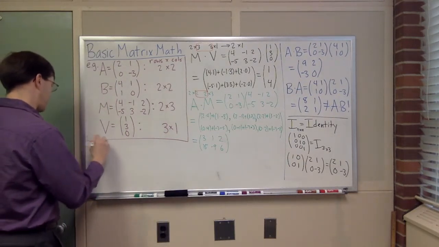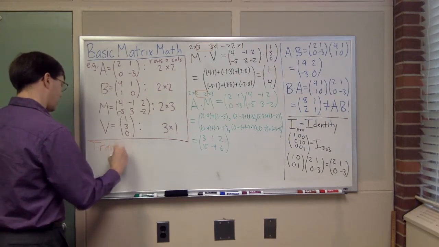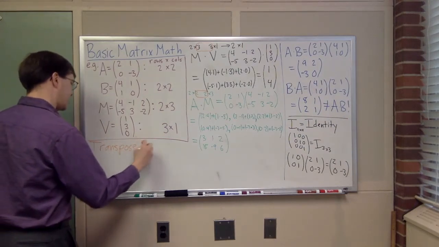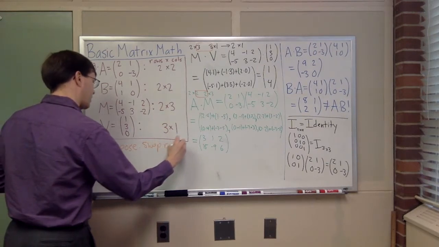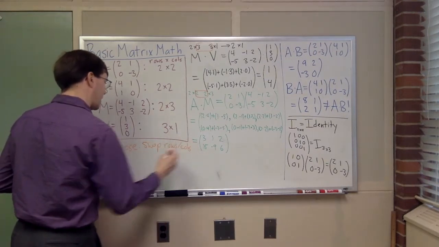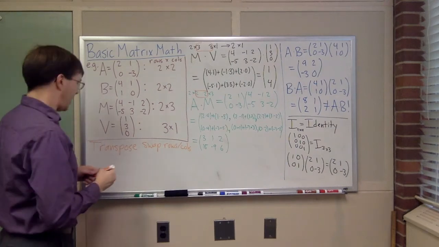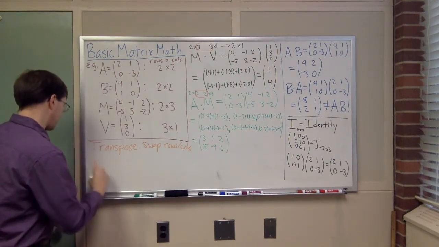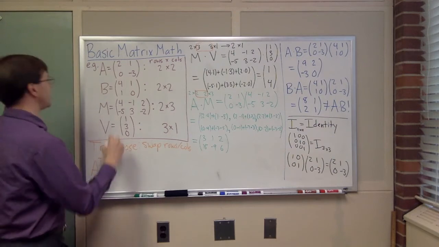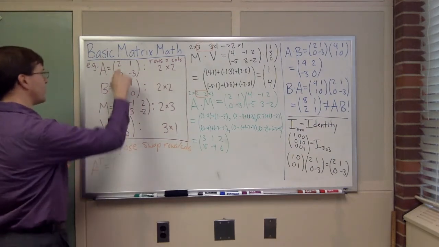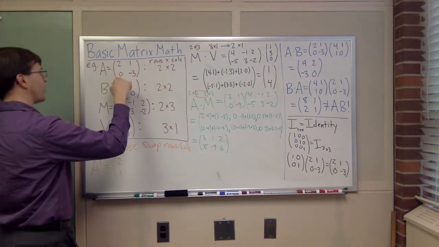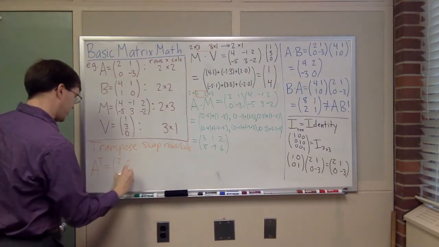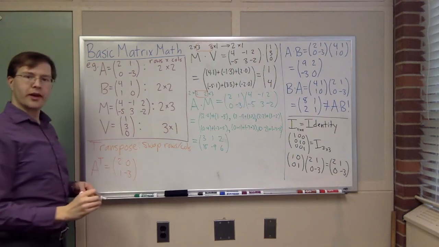So the transpose is just swap the rows and columns of your matrix. So for example, A transpose is going to be, when I read across 2, 1, that'll go down, 2, 1. And when I read across 0 minus 3, 0 minus 3 will go there.